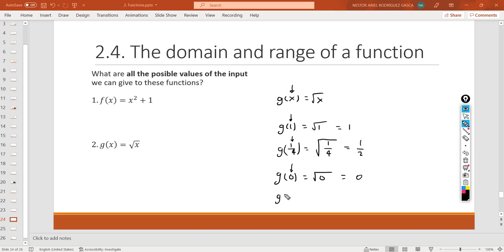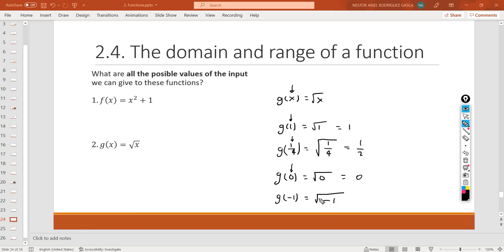The problem occurs when I give a negative value right there, because what I'm going to be getting is this, the square root of -1. And as we know, at this moment in your mathematical development, we don't understand what something like this means.